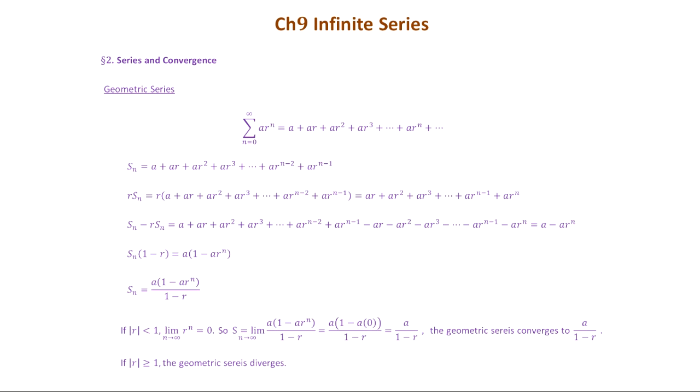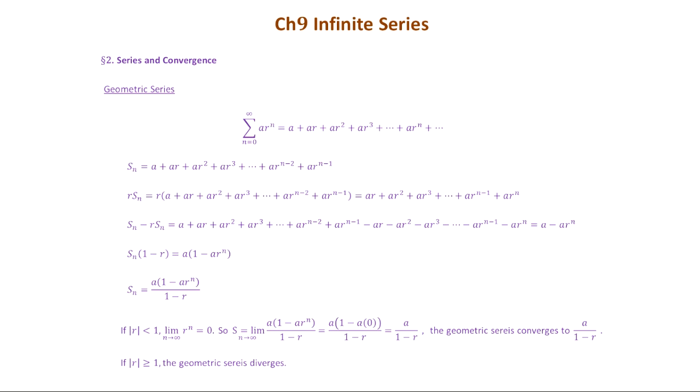So for example, if the absolute value of r is less than 1, then if you raise r to the nth power and take the limit with n approaching infinity, you're going to get 0. You just multiply a number less than 1 by itself infinitely many times.